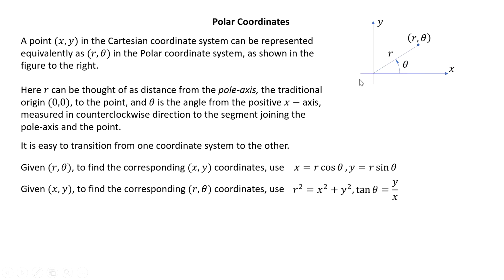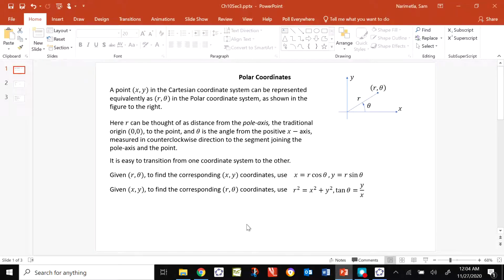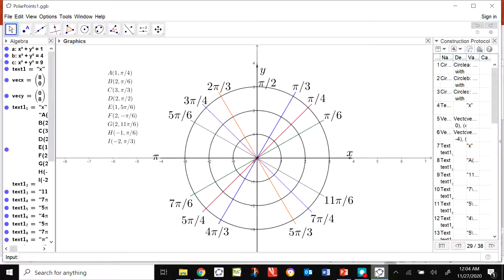However, it's entirely possible that theta could be in the second or third quadrants. What about those? That's why we simply say tangent theta is y over x. That's it. With that, let me move to GeoGebra and show you how to plot a whole bunch of points.